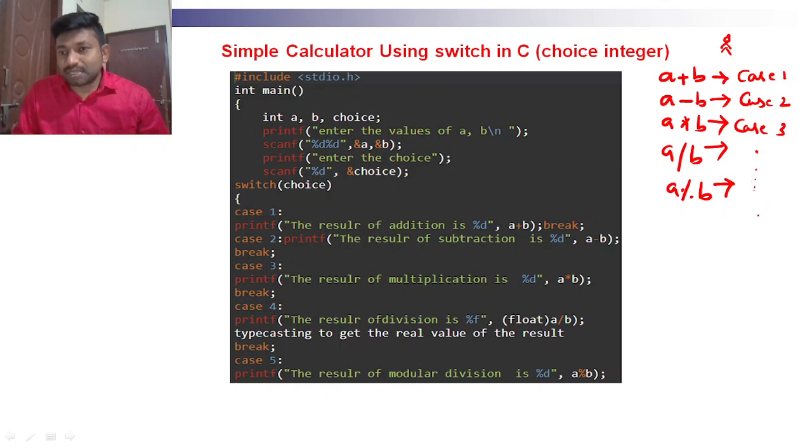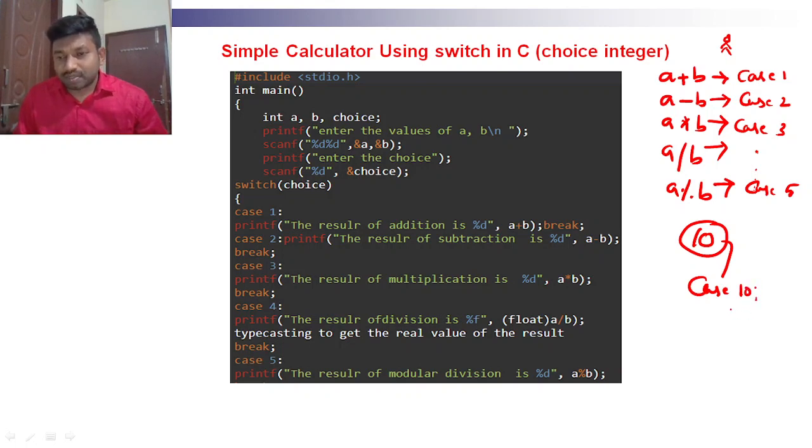Worst case, if somebody gives, let it be case 5, when the program asks for the choice of the user, if he gives choice 10, you want to execute case 10. But if case 10 is not written inside the program, then it will be a problem. The executor will be searching for case 10, but it could not find case 10. In such a case, it will execute the default case.